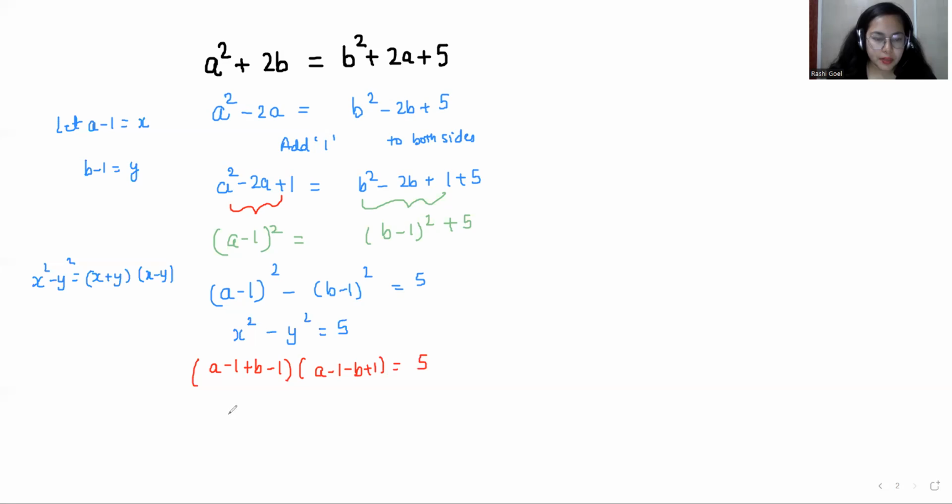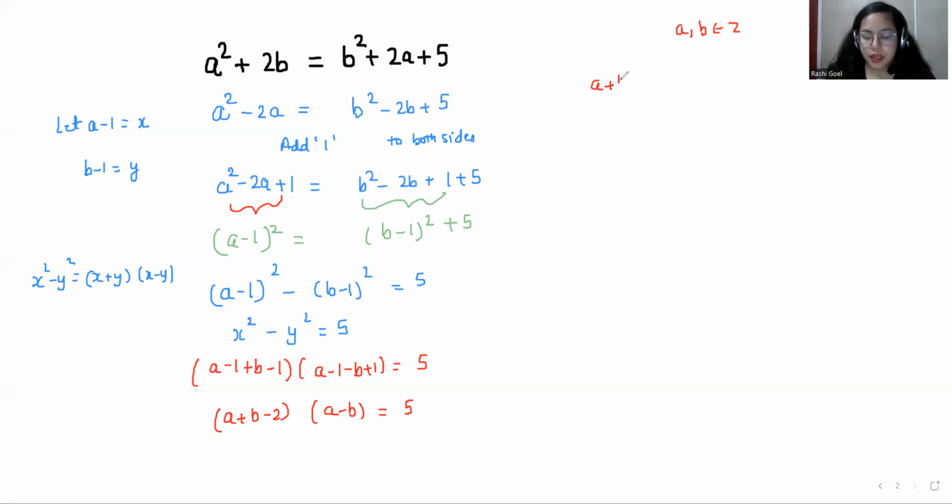So a plus b minus 2, and here minus 1 cancels out the plus 1, only a minus b is left, equal to 5. And in this question they said that a and b both are positive integers.